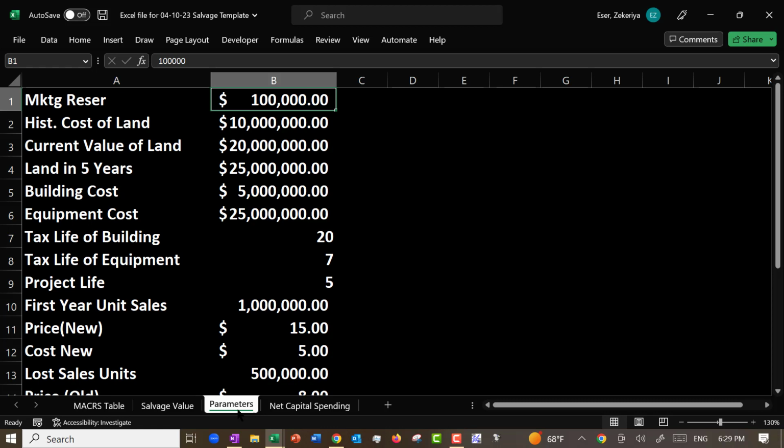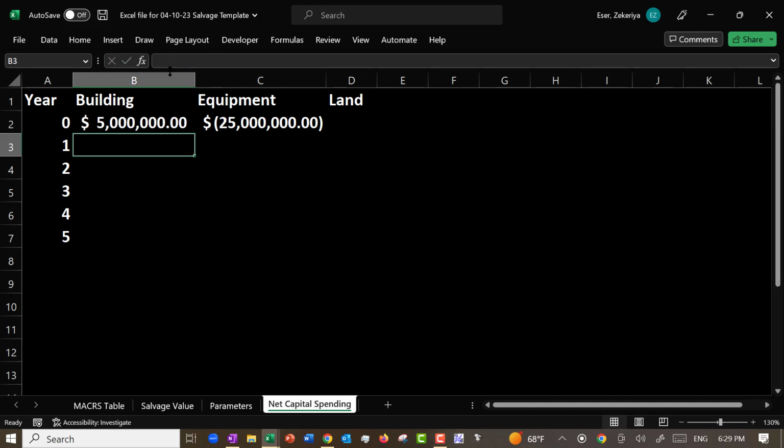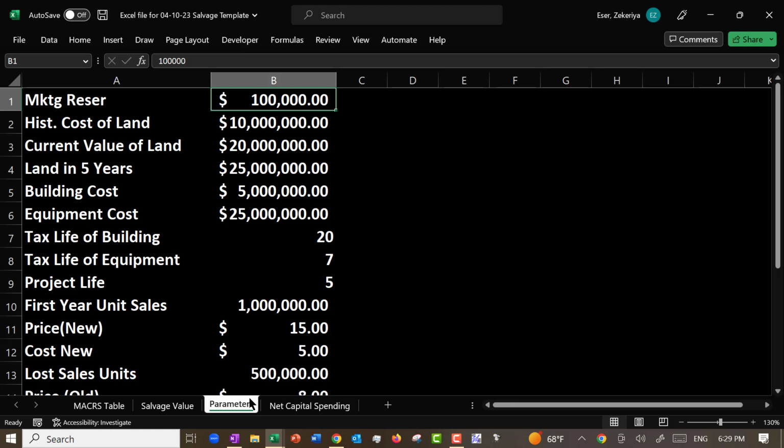Actually, those shouldn't be negative. These are spending. So should I put 0 for the land because company already owns it? Why? You're nodding your head. Yeah, but no, I don't have to pay for it.